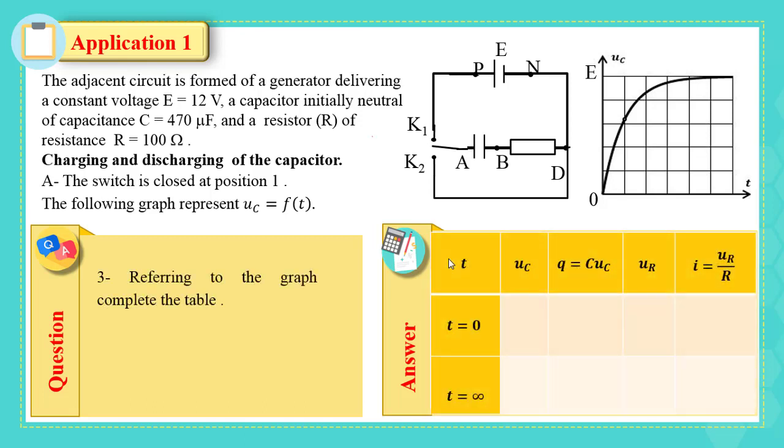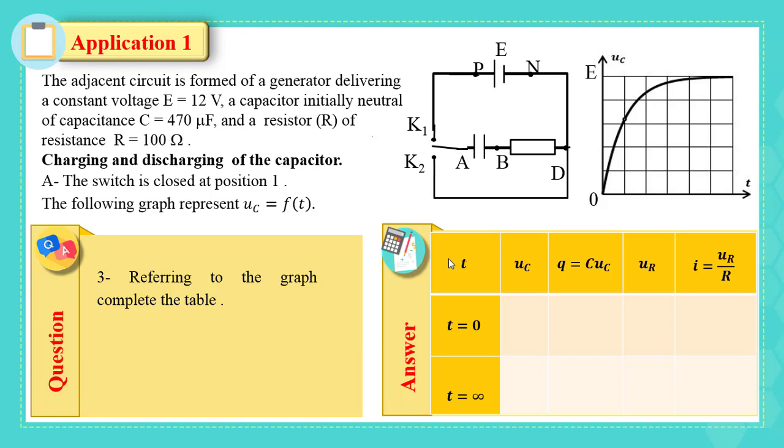We are going to find the values of UC, Q, UR, and I at two instants, t equals 0 and t equal infinity. We are going to use the graph to find the value of UC and the relation between Q and UC to find the value of Q, and the law of addition of the previous part to find the value of UR, and Ohm's law to find the value of I.